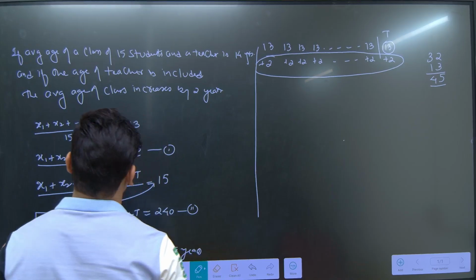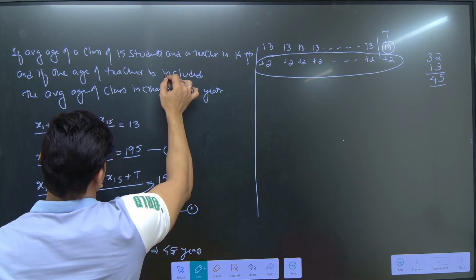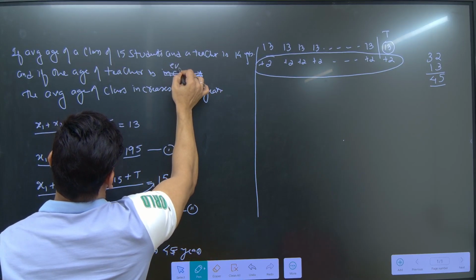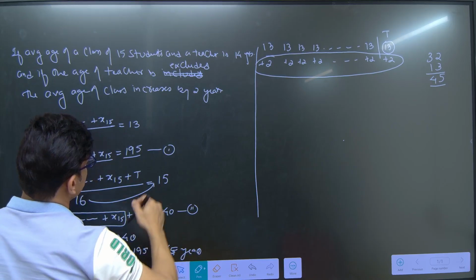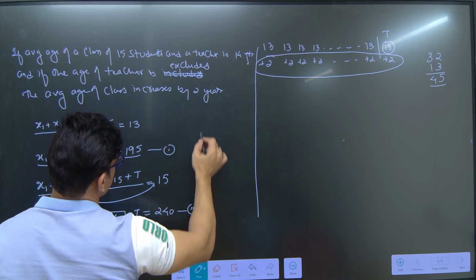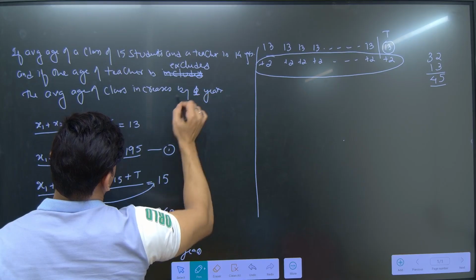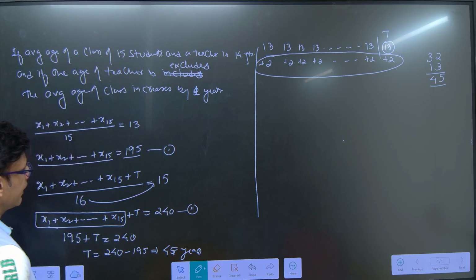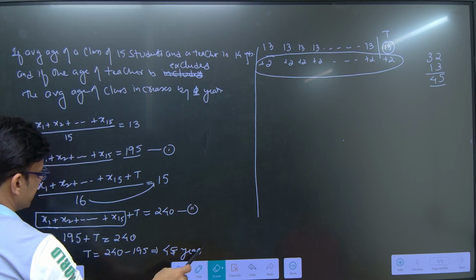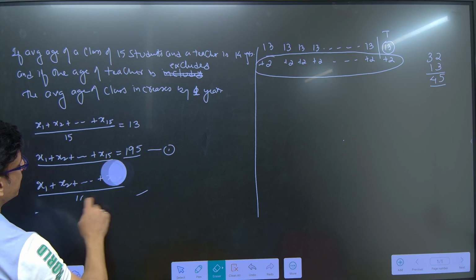And when the age of the teacher is excluded, the average age of the class decreases by 1 year. And find the age of the teacher. Again, we can form the equation to get the answer, and then we'll see that method also, right?